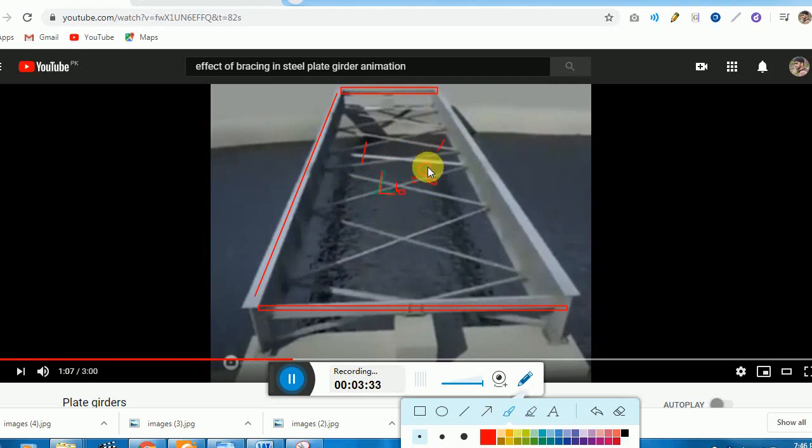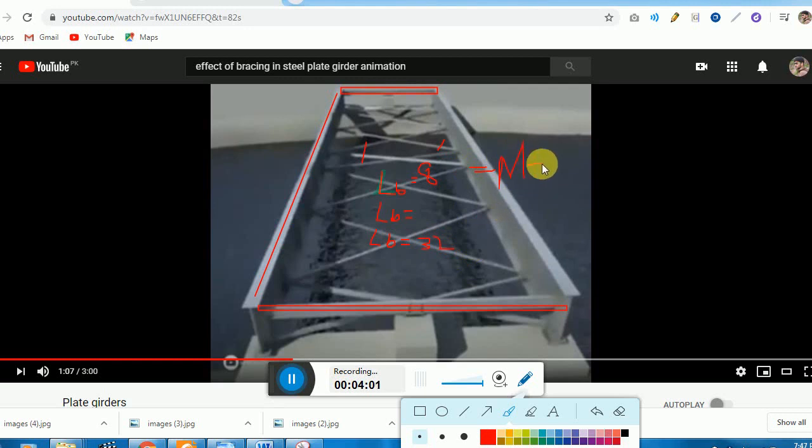Clear? Now in the second case, LV is changed to 12 feet. In the third case, the length is increased further. So they show you the effect of increasing this LV. They reach it to 32 feet, and then they ask to compute the value.